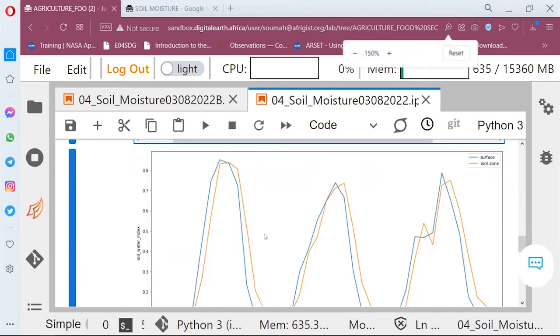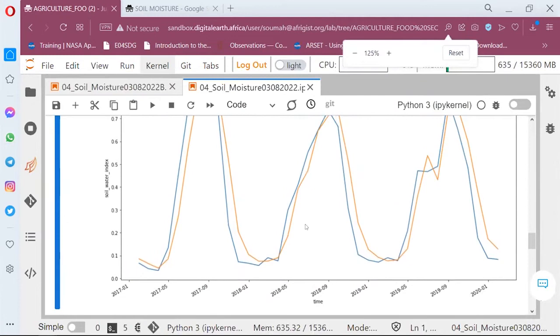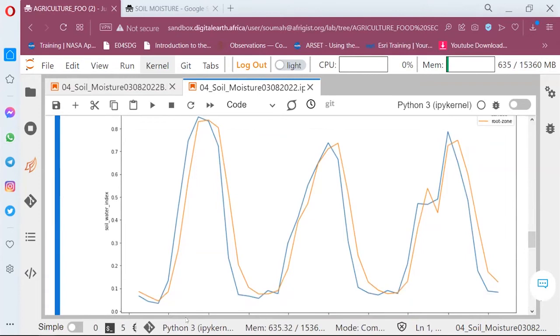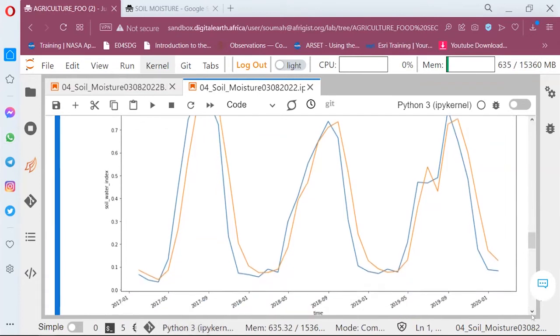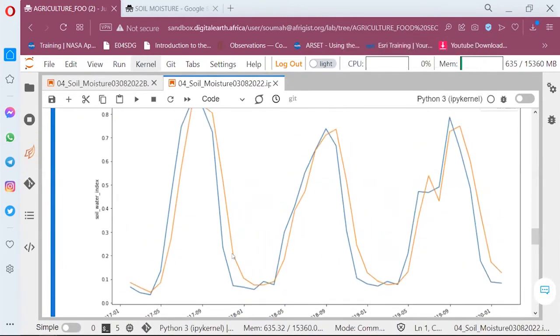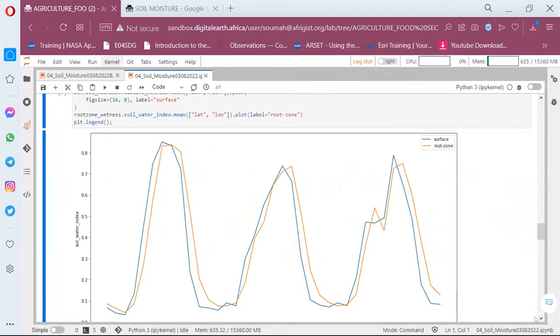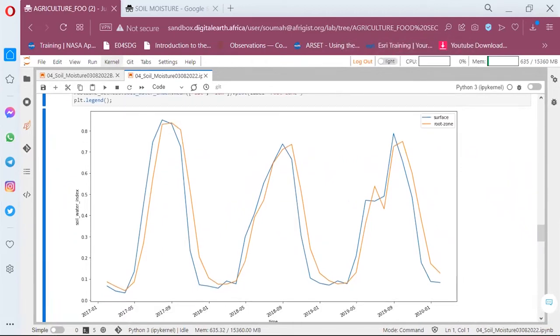I will reduce it a little bit so it will enable us to have a global view of the period we are considering. And you notice that from 2017 there is a variation of the wetness, both in surface and at the root zone.